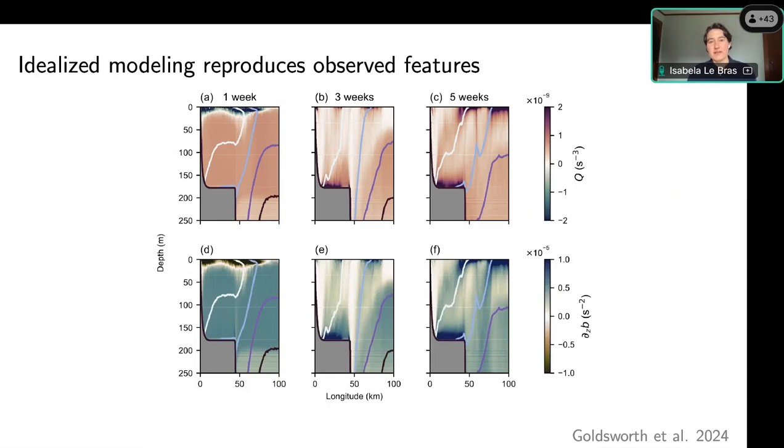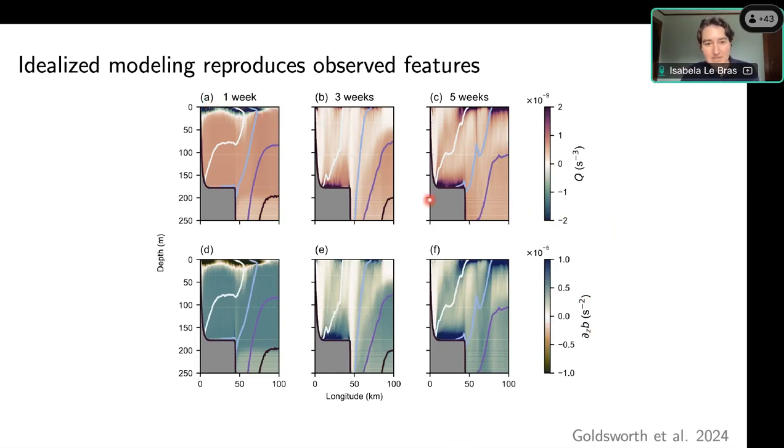Now, there's a recent study where Fraser Goldsworth took these observations, ran an idealized model, and tried to understand the processes better. And he saw the same thing, and this is really what gave me confidence that we could go from "consistent with" to "this is probably happening." So one week in, there's this onshore Ekman transport here near the surface.